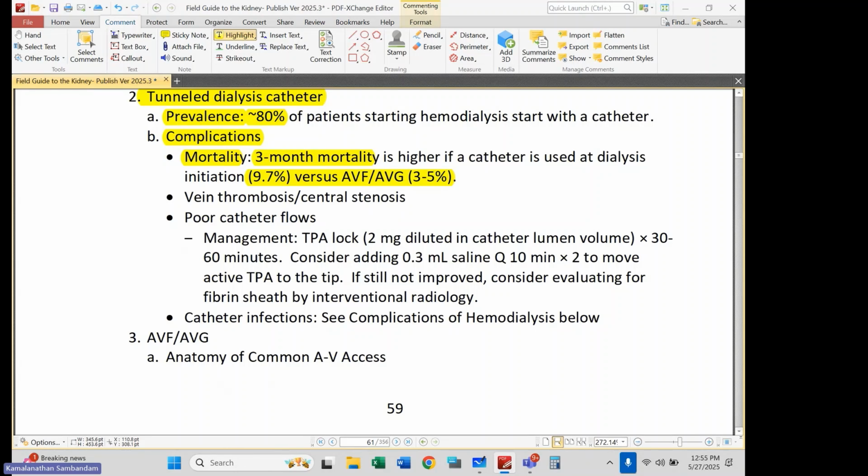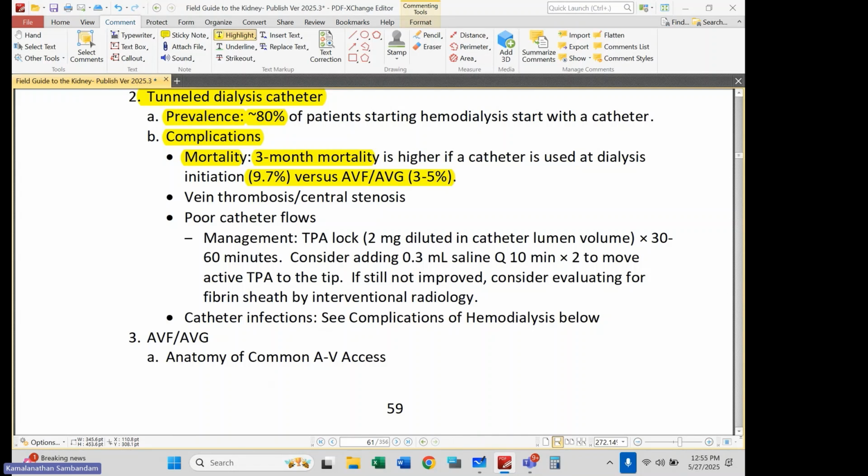And then the other point that I want to make is, don't be a slave to this. Sometimes I think we over leverage this data and say, you know, this patient has a creatinine of 20 and comes into the ER with marked volume overload. We are going to medically manage this patient and hope that they don't get readmitted 3 times while we're waiting to get a functioning graft or fistula in.